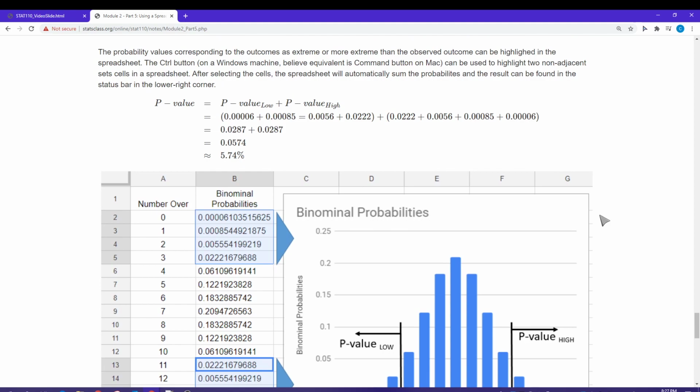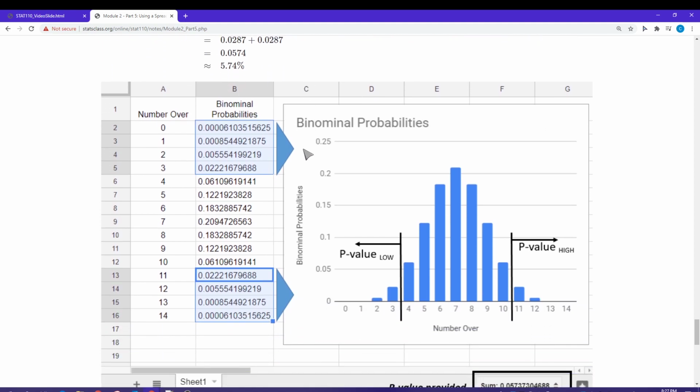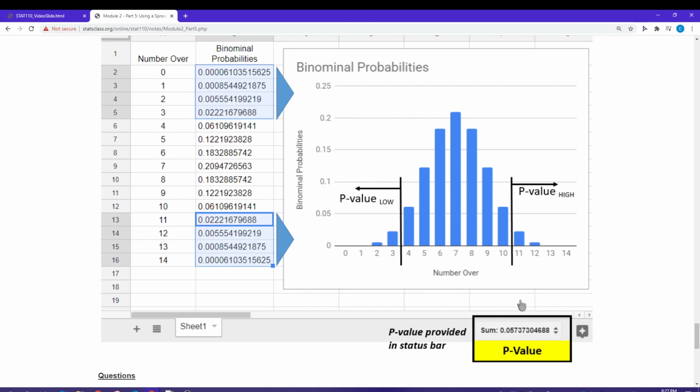So the p-value that we got in the notes was 5.74%. Again, that's given down here in the status bar in the lower right-hand corner. We just need to highlight the cells that we need to compute the p-value, and the p-value is returned down here in the lower right-hand corner.